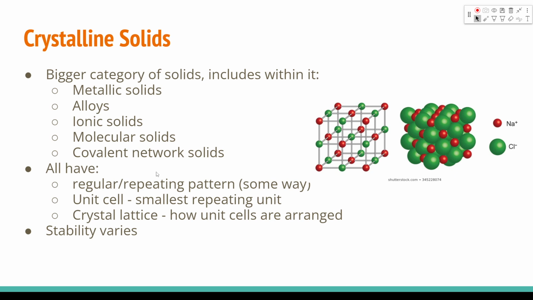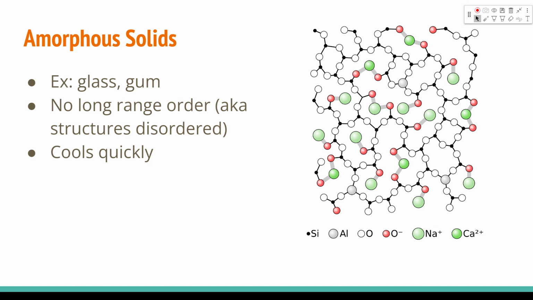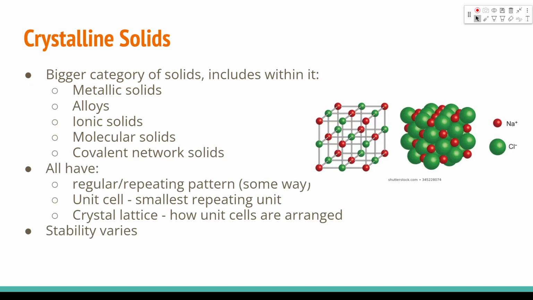Crystalline solids. Crystalline solids are based off the solids we've already talked about. This is the bigger category of solids. So this is solids, random. These are not random. They are patterned in some way. For metallic solids, we've got metallic bonding. Alloys also have metallic bonding. Ionic solids have ionic bonds. Molecular solids are IMFs.